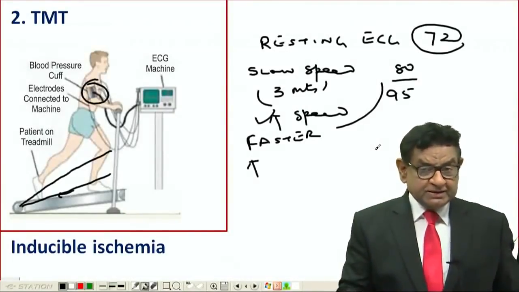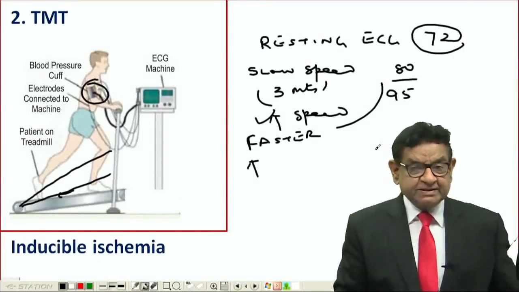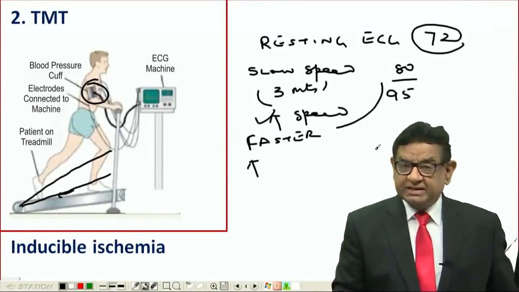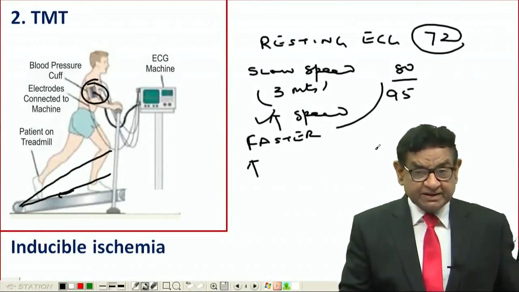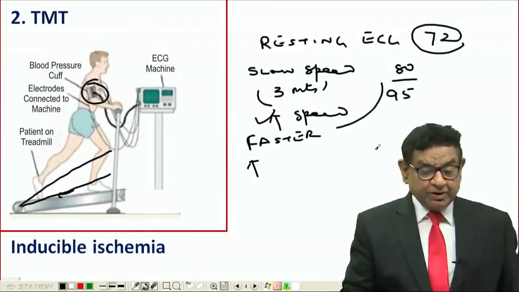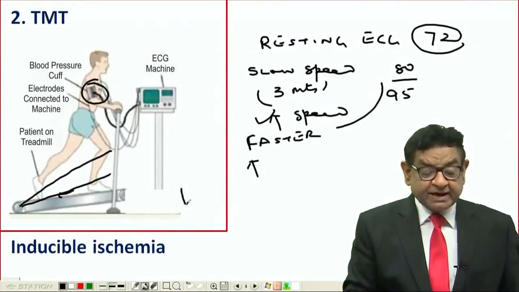So ultimately this is all computerized. As the height increases and the speed increases, the patient has to run faster and the heart rate will increase. So what we are doing is artificially causing tachycardia, increased heart rate.